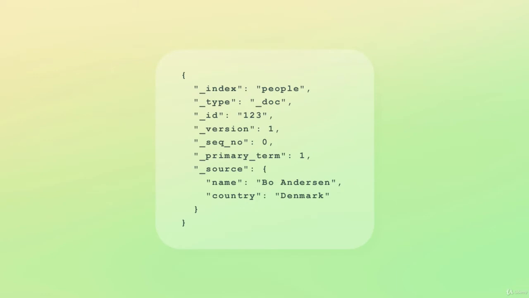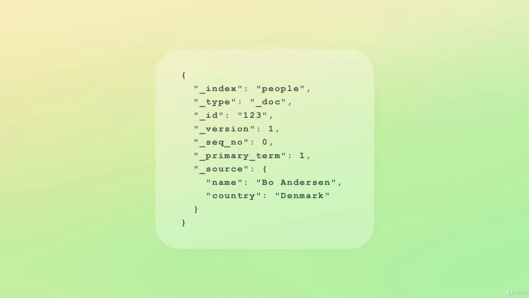Elasticsearch stores a bit of metadata together with the documents that we index. As you saw when we retrieved a document, the JSON we specified when adding a document is stored within an underscore source field. You also saw that a document's identifier is stored within an underscore ID field.